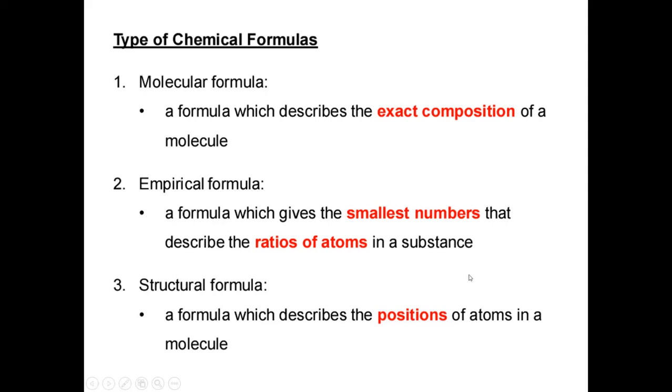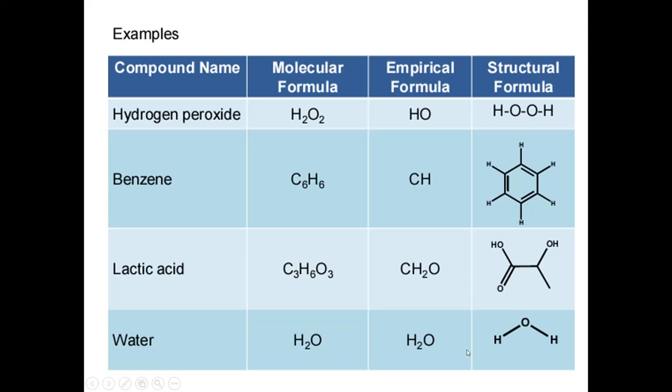And the structural formula normally describes the position of atoms in the molecule. This is the structural formula because it shows the arrangement of the carbon and the hydrogen in the structure. And here is the empirical formula. It normally shows the simplest formula, and this is the exact formula for benzene.